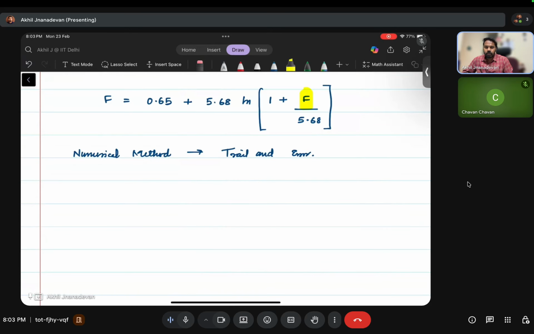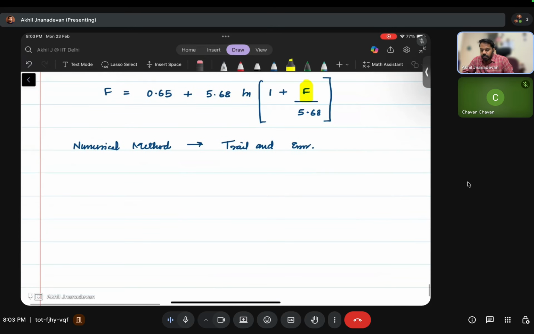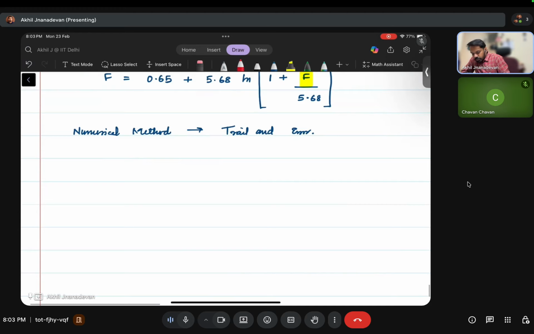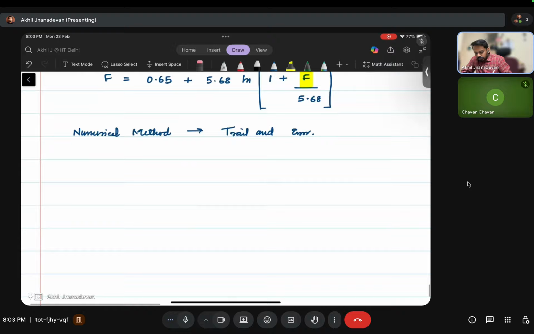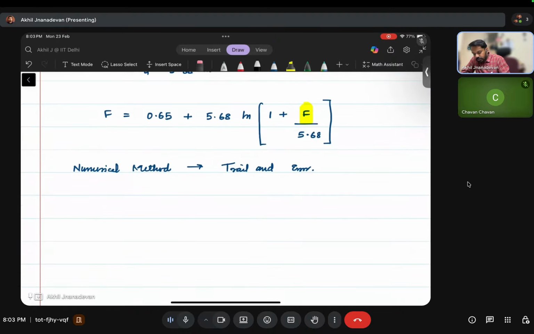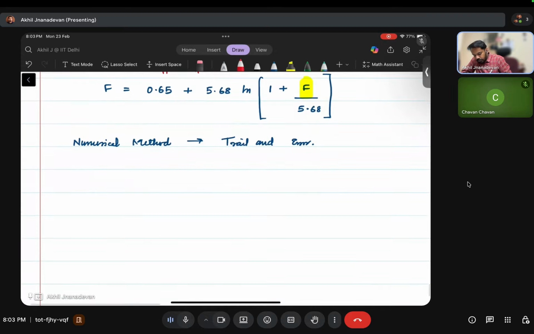That is what we do in the trial and error method. You can see the equation has two terms: F is the sum of 0.65 and another term. So let's assume F is equal to 0.65. This is the first trial.